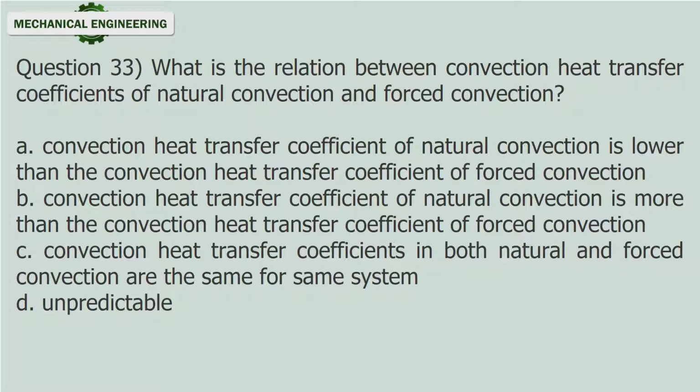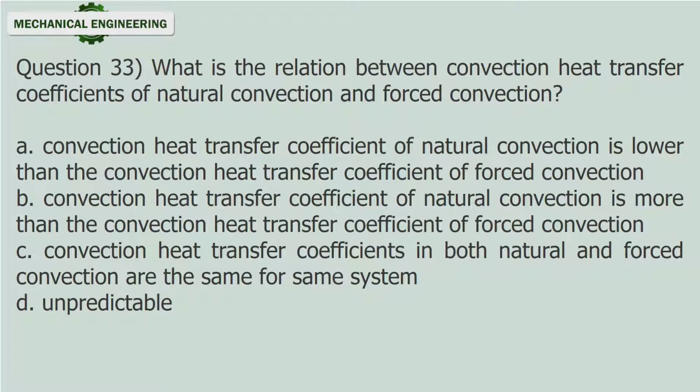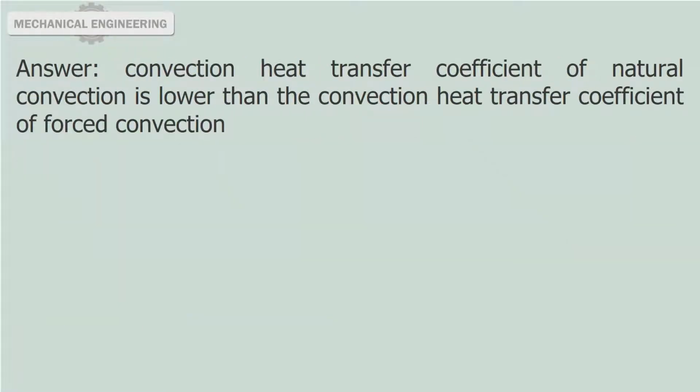C. Convection heat transfer coefficients in both natural and forced convection are the same for same system. D. Unpredictable. Answer: convection heat transfer coefficient of natural convection is lower than the convection heat transfer coefficient of forced convection.